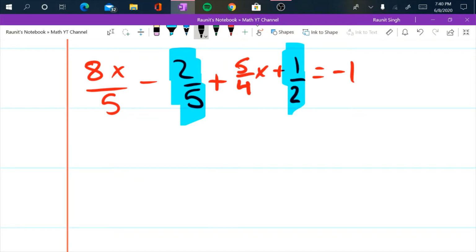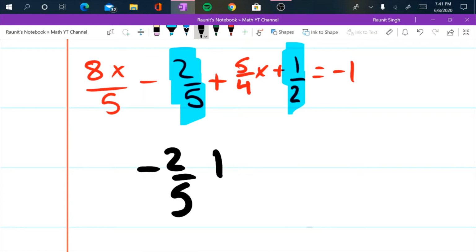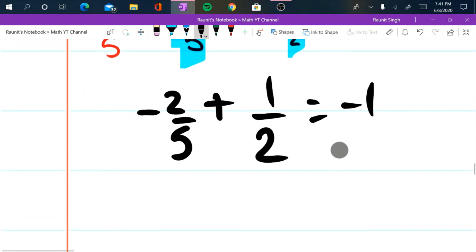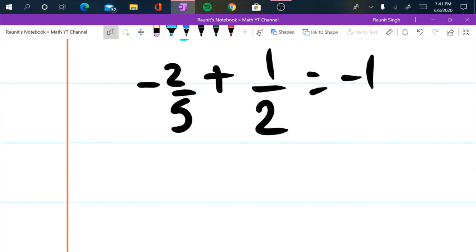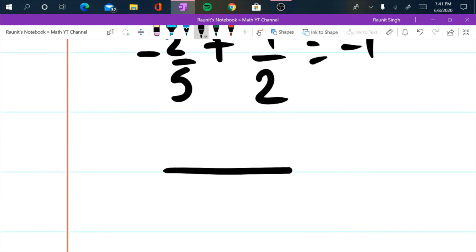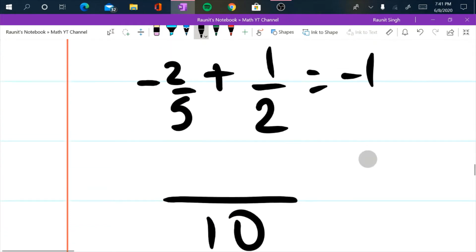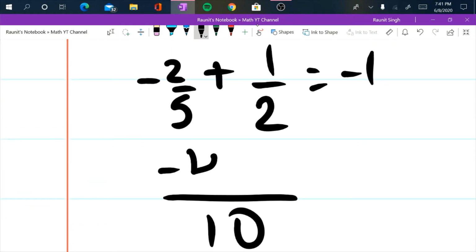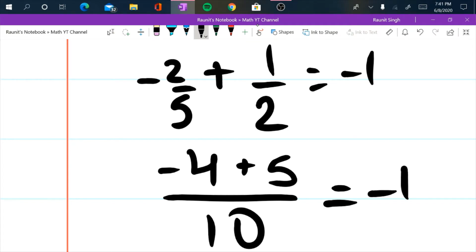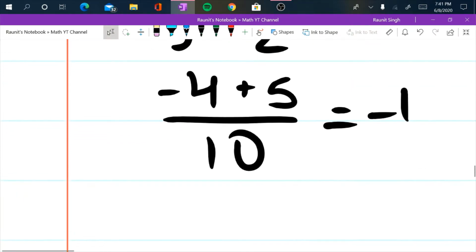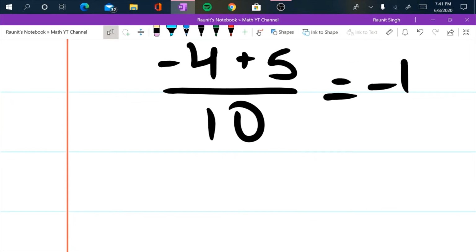That's going to be the numbers now. So we're going to have negative 2/5, and then we have plus 1/2 plus negative 1. So let's just do the multiplication. The LCM would be 10. You get -4 plus 5 is equal to -1. You get -4 plus 5. What's that? 1 over 10, yeah?